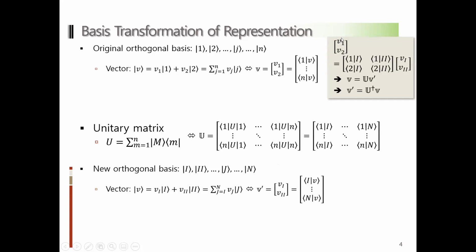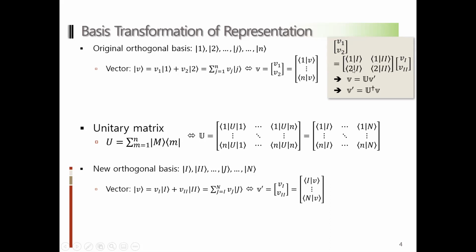The column vector representation in the original basis is represented as the matrix product of the unitary matrix and the column vector representation in the new basis.